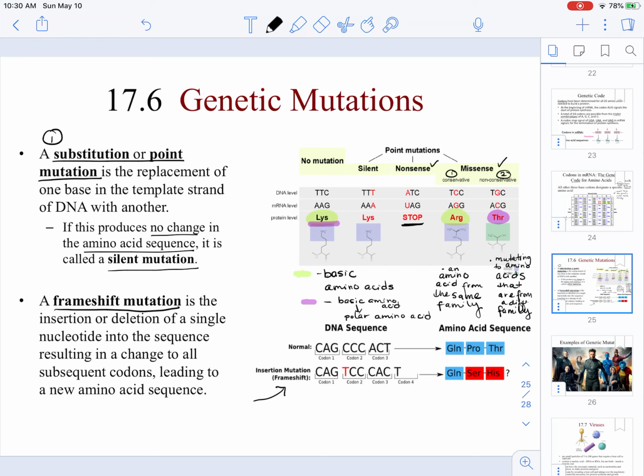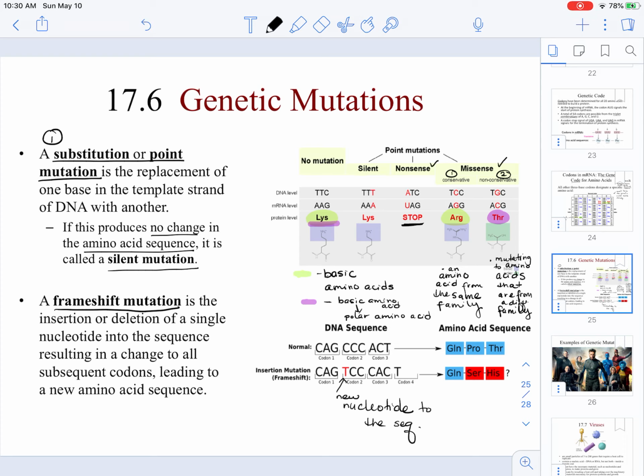Now, in this insertion frame shift, we are adding a new nucleotide to the sequence. So when we are adding this new nucleotide, understand that now the way that we read it in 3s is going to be shifted.